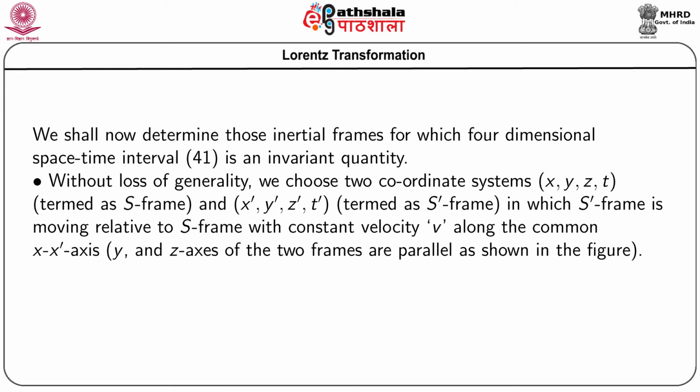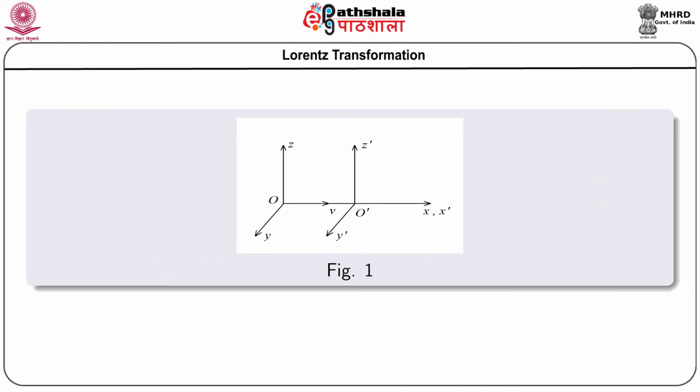The S dash frame is moving relative to S with a constant velocity v along the common x axis, and the y and z axes of the two frames are parallel, as shown in the figure. So, the first one is the S frame and the second one is the S dash frame, and S dash is moving with a constant velocity v along the x direction.